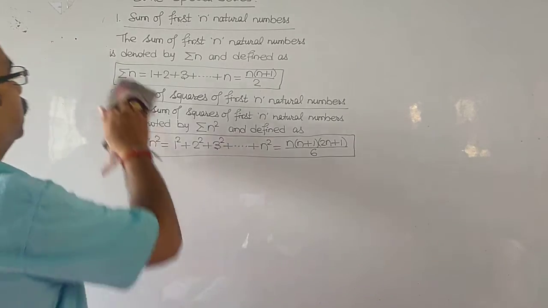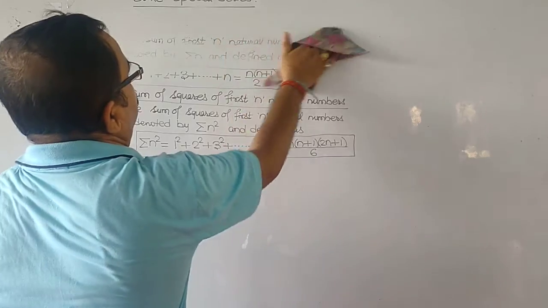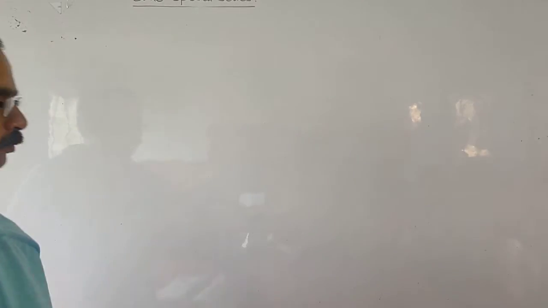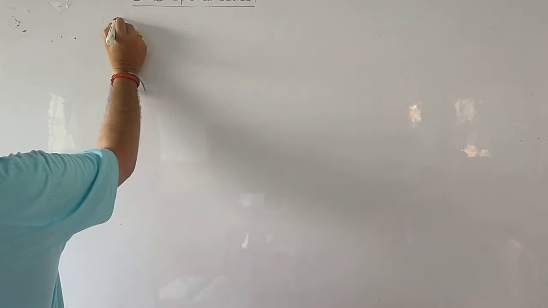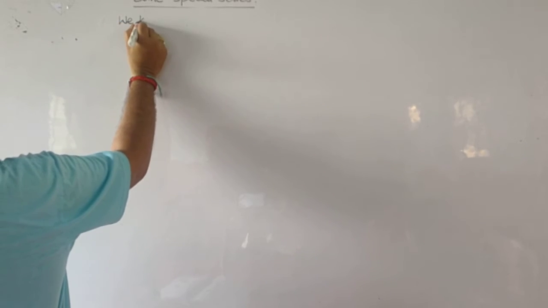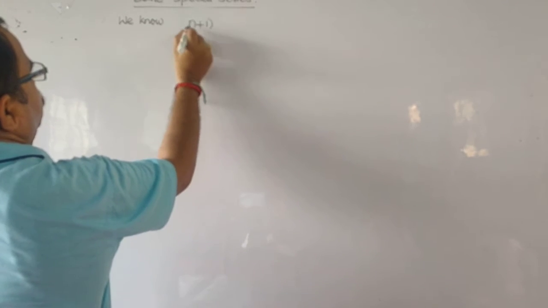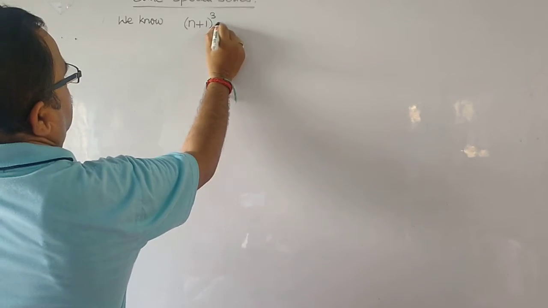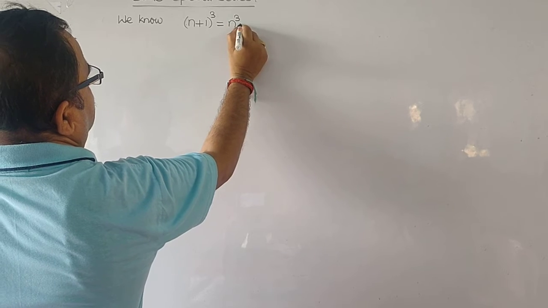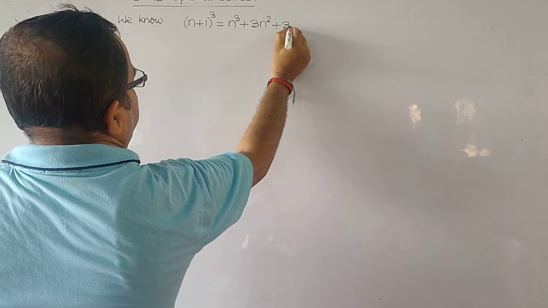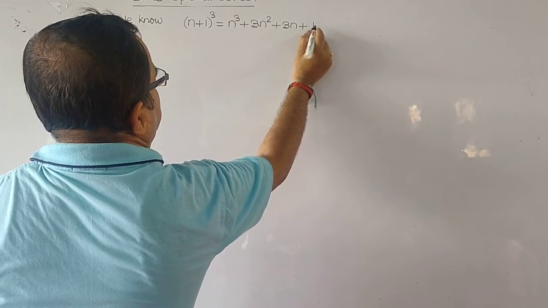Okay, we know (n plus 1) to the whole cube is what? n cube plus 3n square plus 3n plus 1.